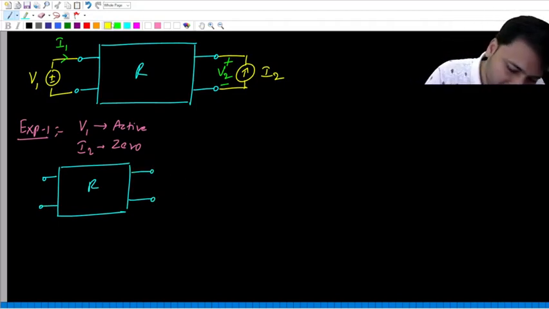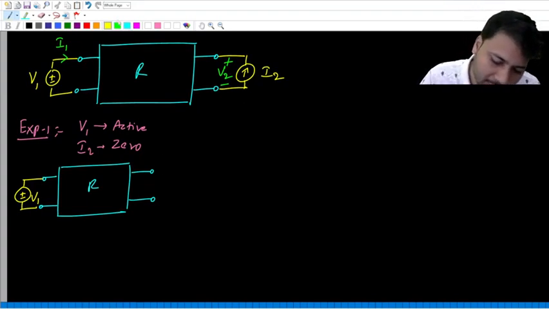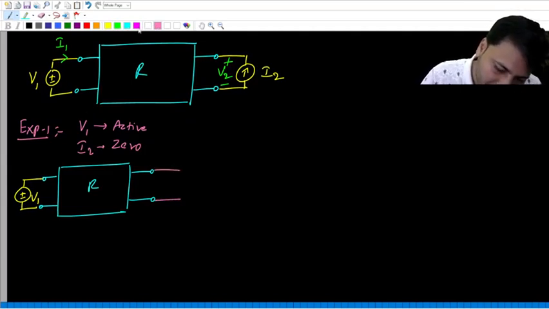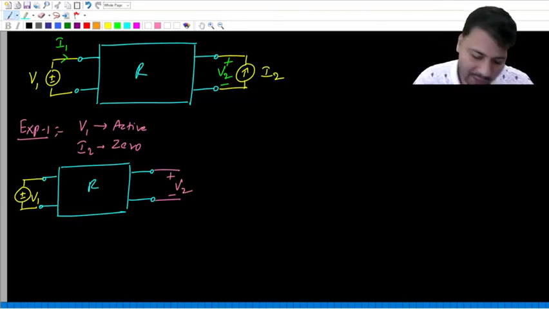Voltage source V1 is kept active, so on the left hand side we have the same voltage source V1. On the right hand side, when you make the current source I2 0, it becomes an open circuit. But across the open circuit, you can always measure the open circuit voltage drop, which is V2.